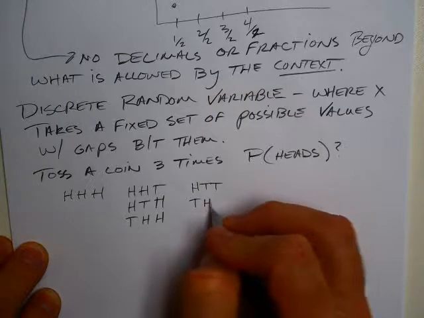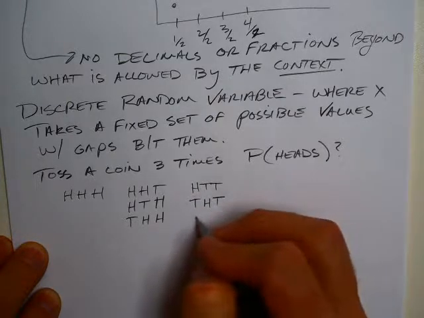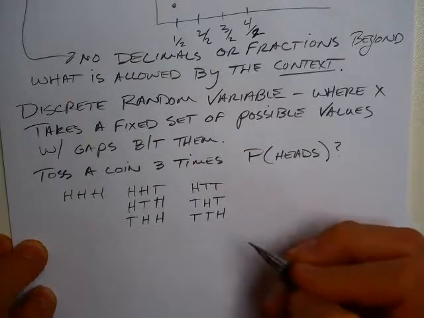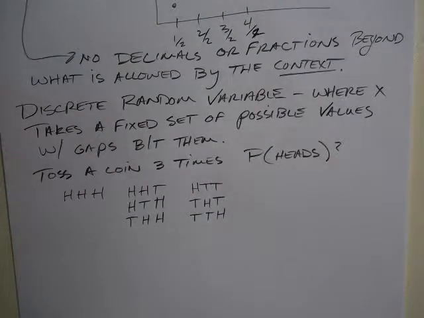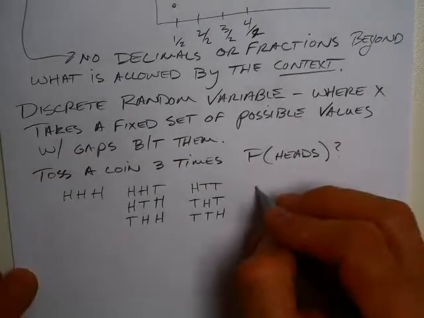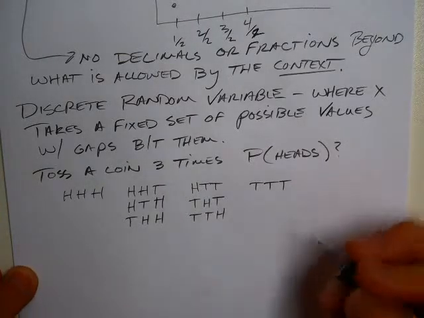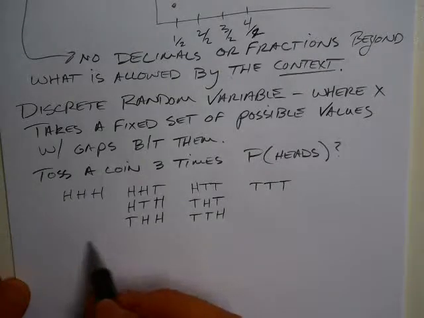Maybe tail, head, tail. And tail, tail, head. And there's one more way that I can flip 3 coins. All tails, which is no heads at all, right?